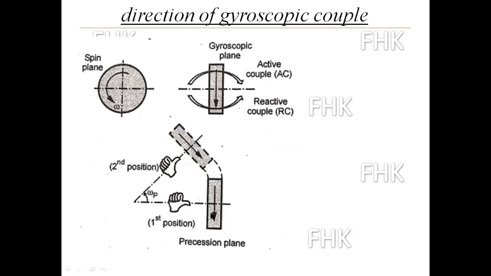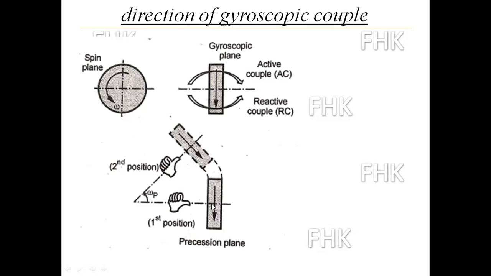So the arrow direction is again downward. Whatever the direction of arrow in the precession plane, this will be the position of the tip of the curling finger. When the curling finger is showing the direction of rotation, the thumb is showing the direction of the vector in first position.